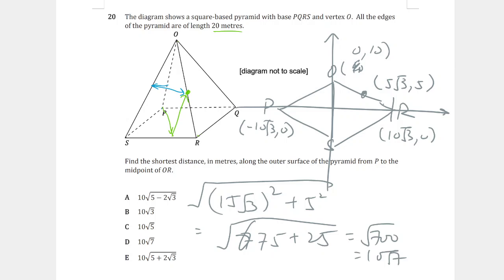Just now, the answer was 10 times the square root of 7 plus 2 root 3. Just now you had that extra 2 root 3 in the square root. So the green route just now is definitely bigger, and that's why the blue route is preferred. It's shorter. 10 root 7 is much smaller than what we just found. So the final answer will be D, 10 root 7.